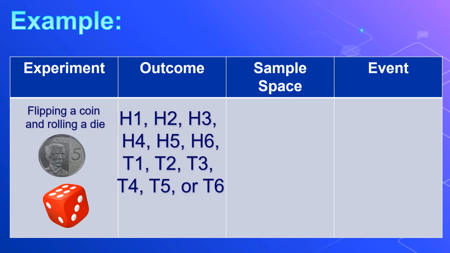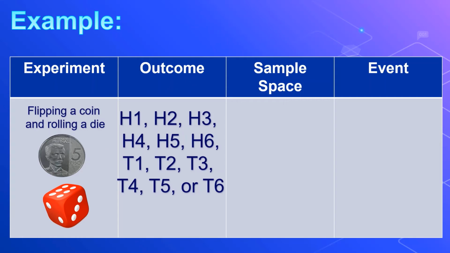It can also be a tail and number 1, a tail and number 2, a tail and number 3, a tail and number 4, a tail and number 5, or a tail and number 6.